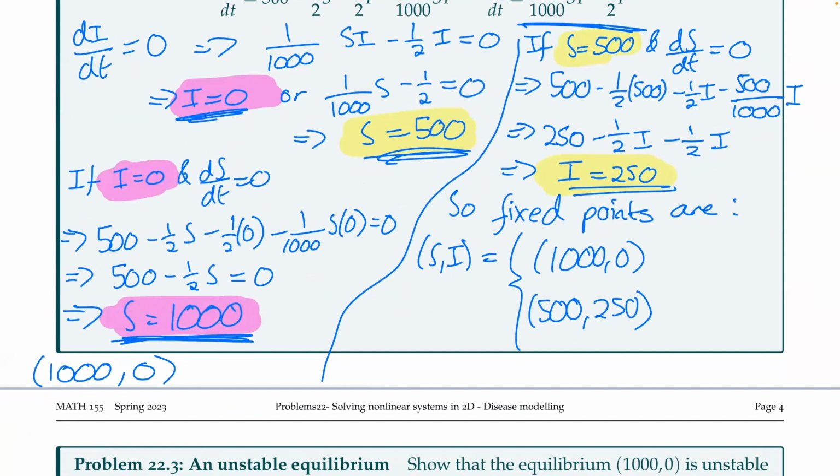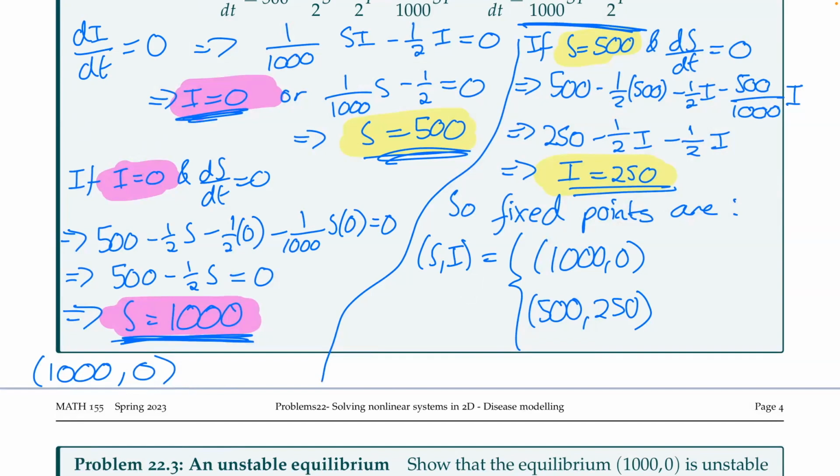We don't have S is equal to 500 and I is equal to 0. Okay. So be careful of the combinations that you use. As in here, it doesn't matter. You can write them in whichever order you want to. Any other questions?